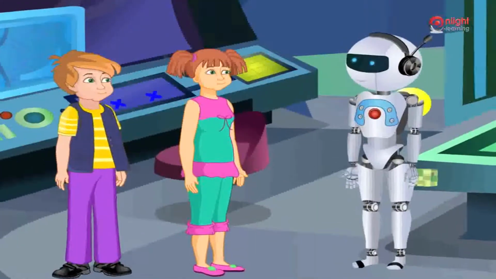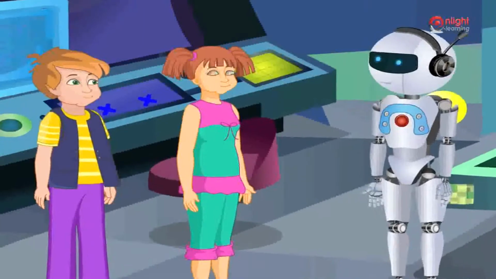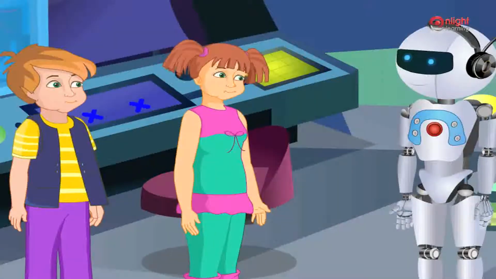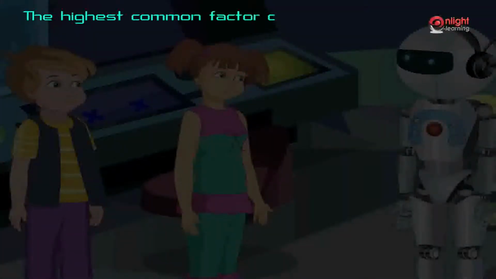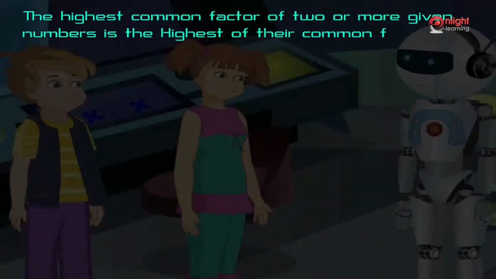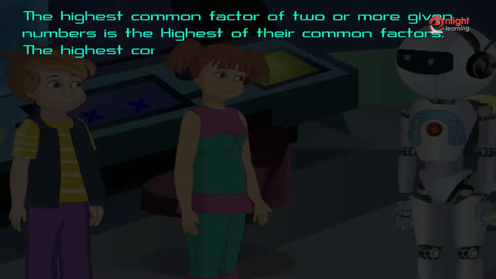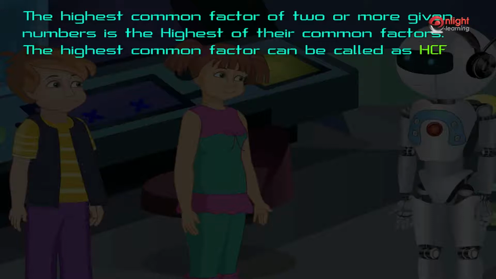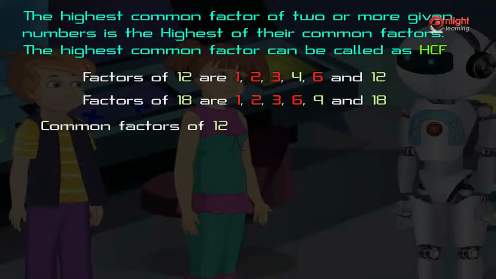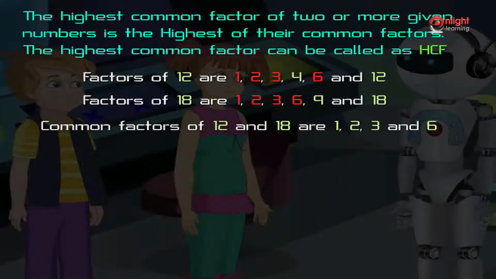Let us learn about HCF, which is nothing but the highest common factor of the given numbers. The highest common factor of two or more given numbers is the highest of their common factors. The highest common factor can be called as HCF. In the previous example, the common factors of 12 and 18 are 1, 2, 3 and 6.